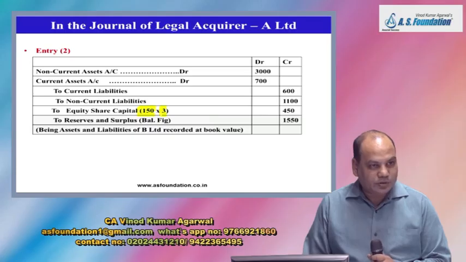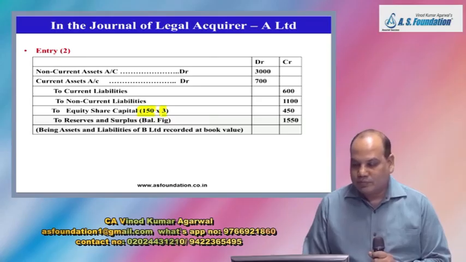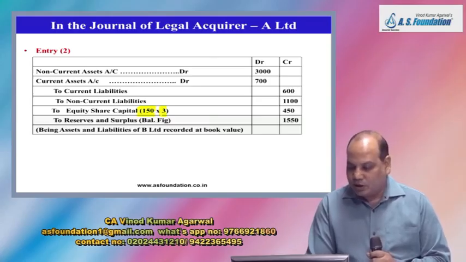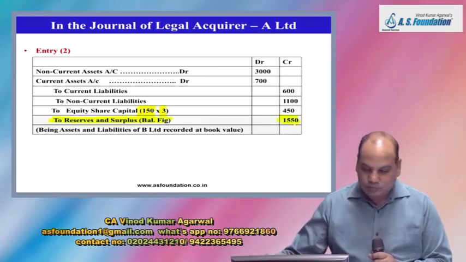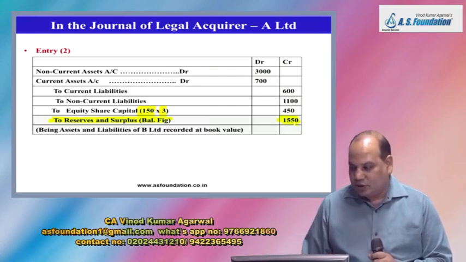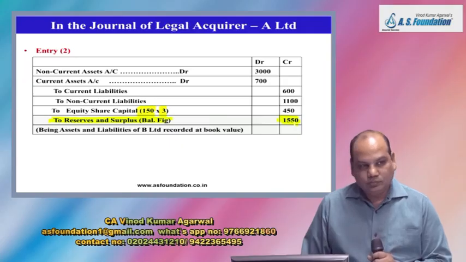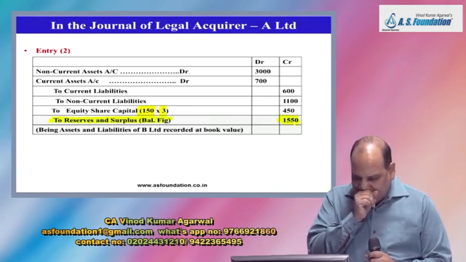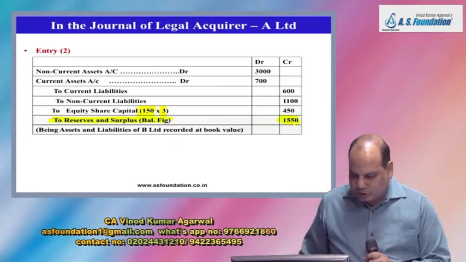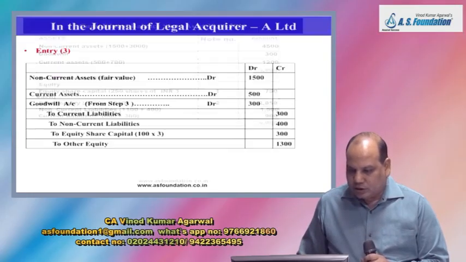Face value is 3 rupees. 300 divided by 100 means face value is 3 rupees. 450, and remaining amount you adjust in reserve or other equity. Equity to other equity 1550. Done.